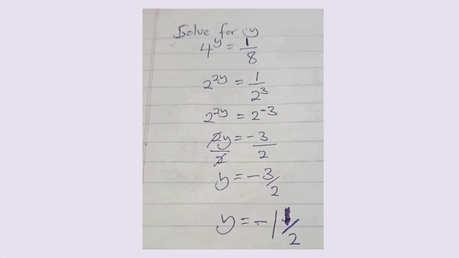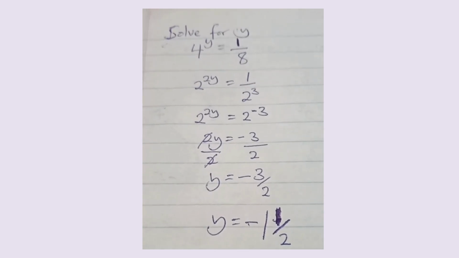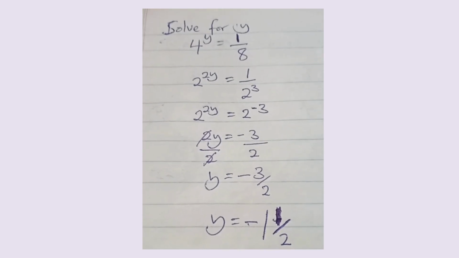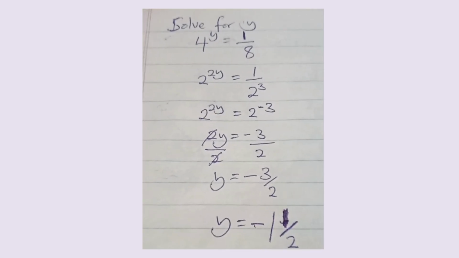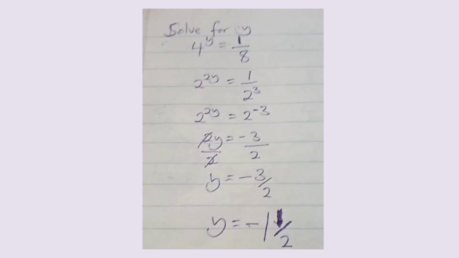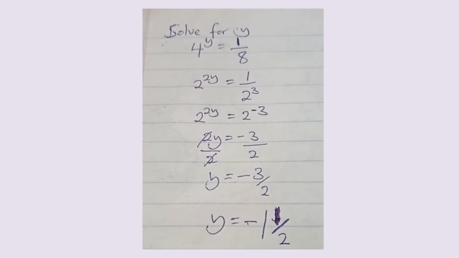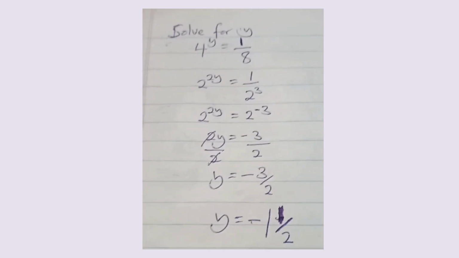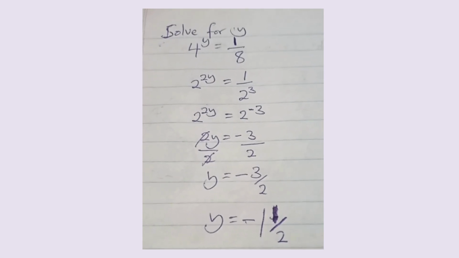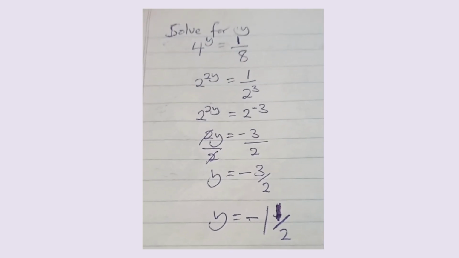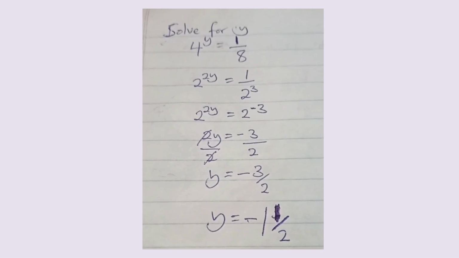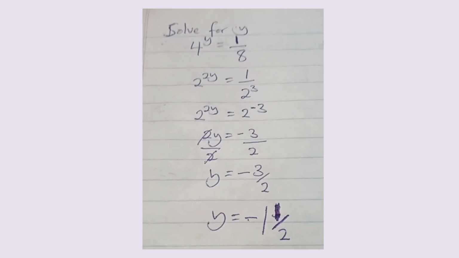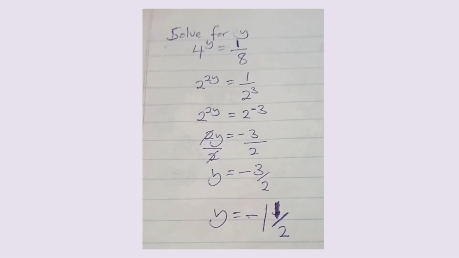Now, per the laws of indices, when the bases are the same, we equate the exponents. Since 2 to the power 2y is equal to 2 to the power minus 3, the base 2 is here and 2 is also here, so the bases are the same. So we are going to equate the exponents, which means 2y will be equal to minus 3. Here we will not bring the base again because they are the same.